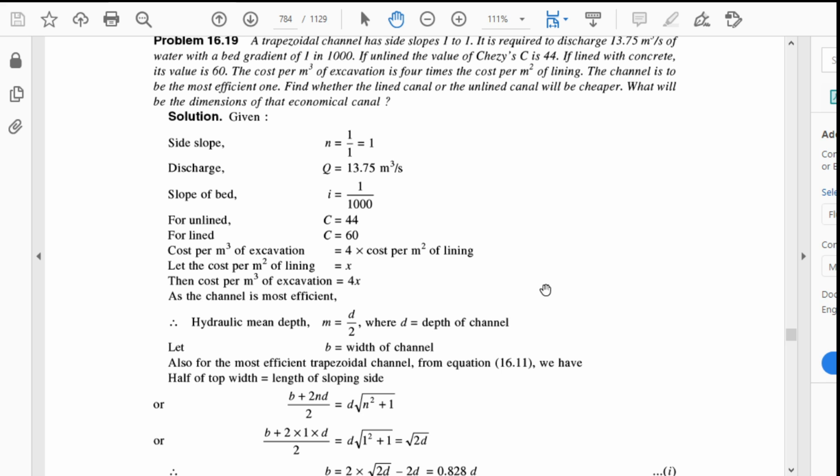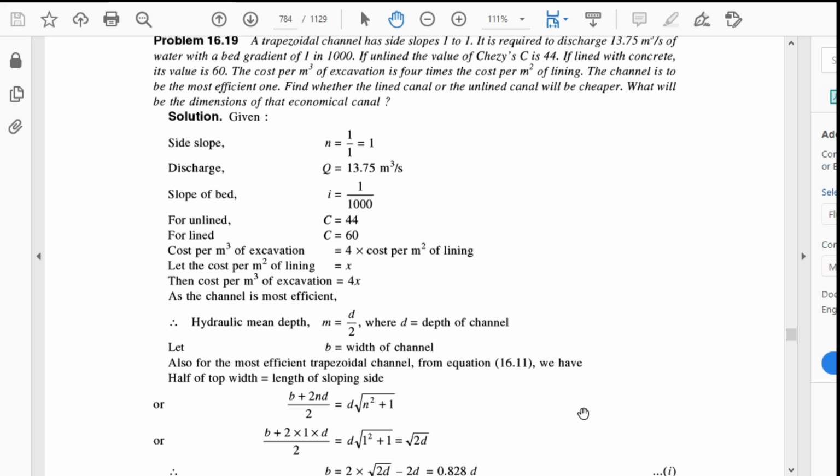For the efficient or economical channel, we have already three conditions. Of those, we can use two conditions for this problem. First, the hydraulic mean depth m equals half of depth, that is m equals d by 2, where d is the depth of the channel and b is the width of the channel.